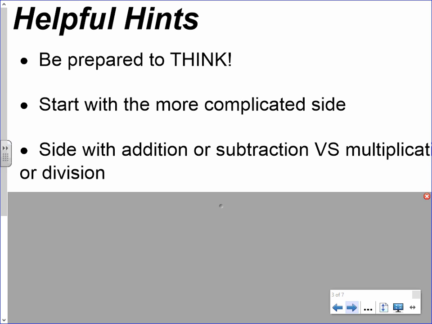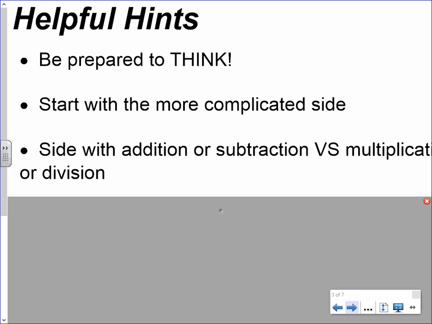If one side has addition or subtraction and one side has multiplication or division, it may be easier to work with that addition or subtraction with our common denominators adding together sort of stuff. Or, maybe you see the multiplication or division you can break up to help you get to the addition or subtraction. But oftentimes, if there is addition or subtraction, you're going to want to look for that common denominator to add them together or subtract them.